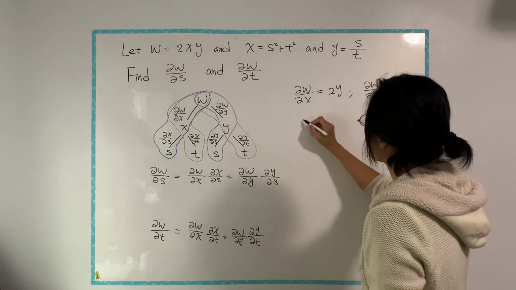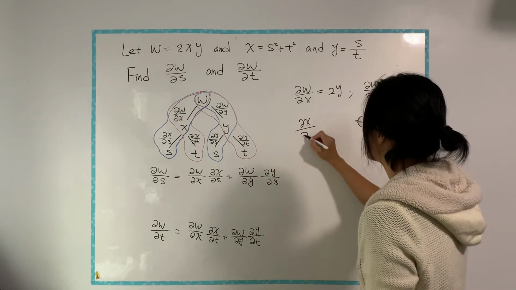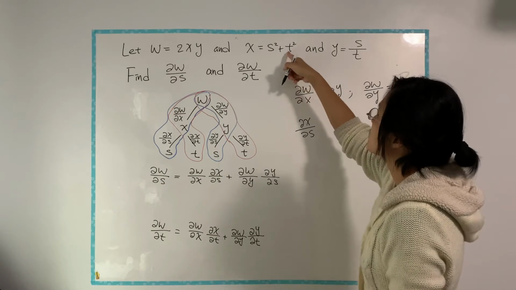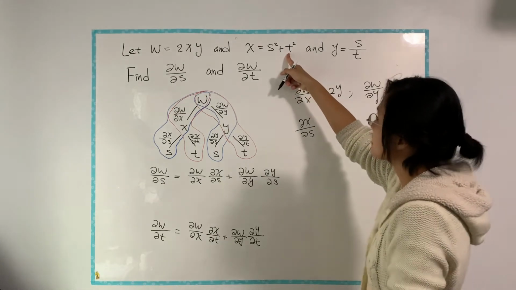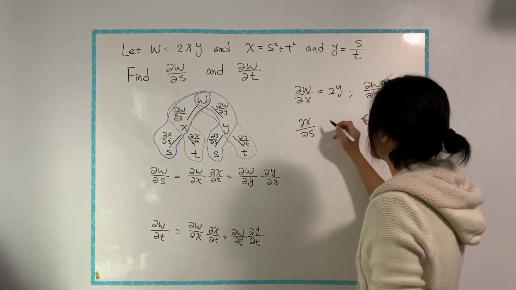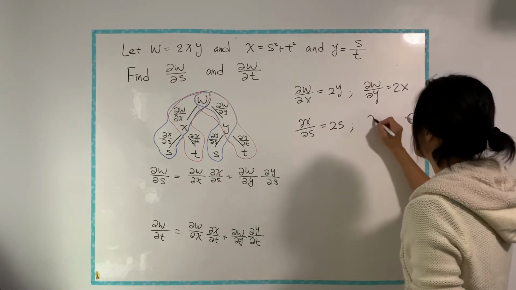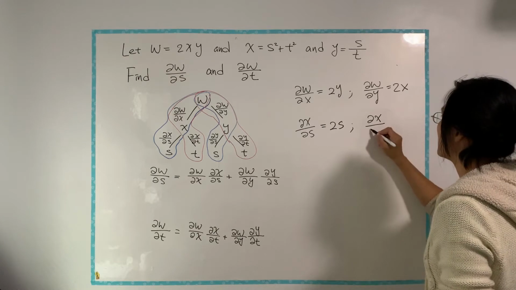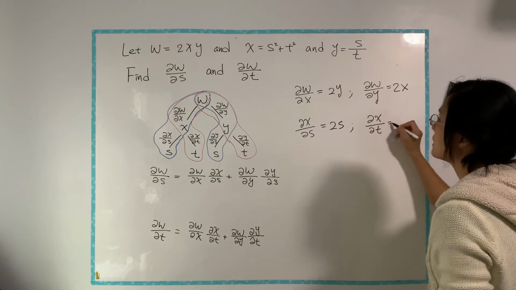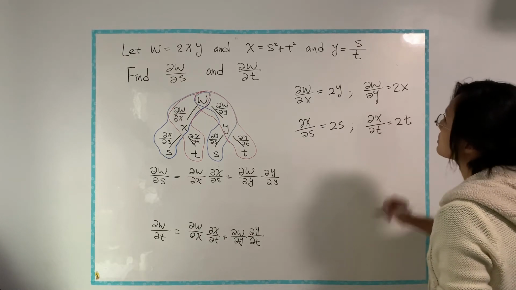Okay? dx ds, treating t as a constant, differentiate this, I get 2s. Similarly, dx dt is equal to 2t.